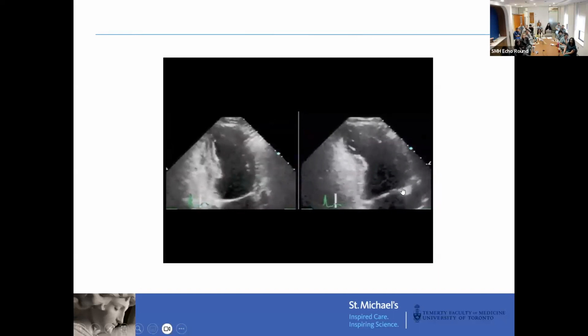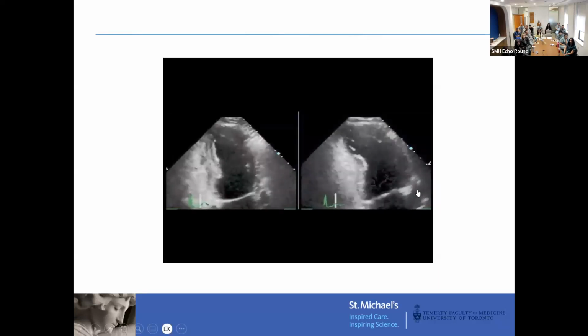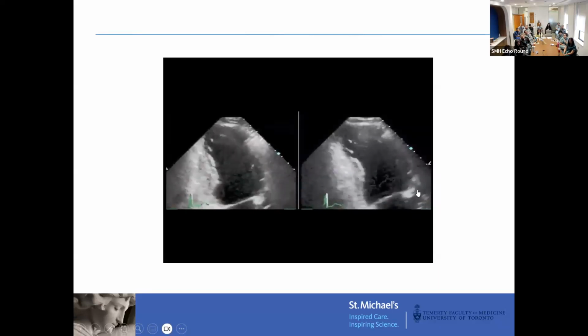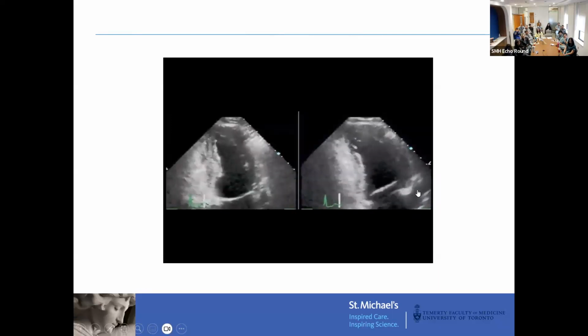In this case, you can clearly see a lot of the walls in the apex, the anterior wall, are all down, and the overall cavity size looks pretty similar, which is also a red flag. Because with stress, you should have a dramatic decrease in your cavity size. So this is an example of TID.